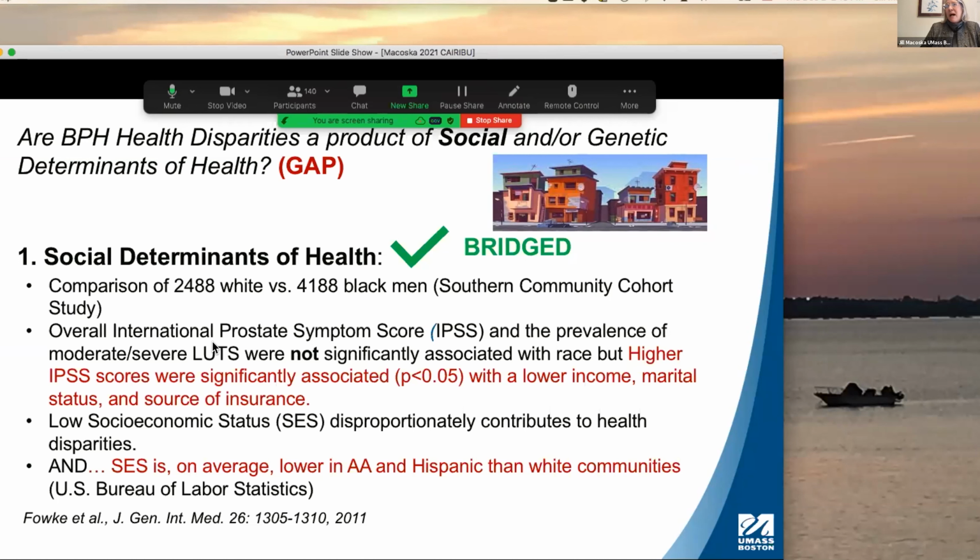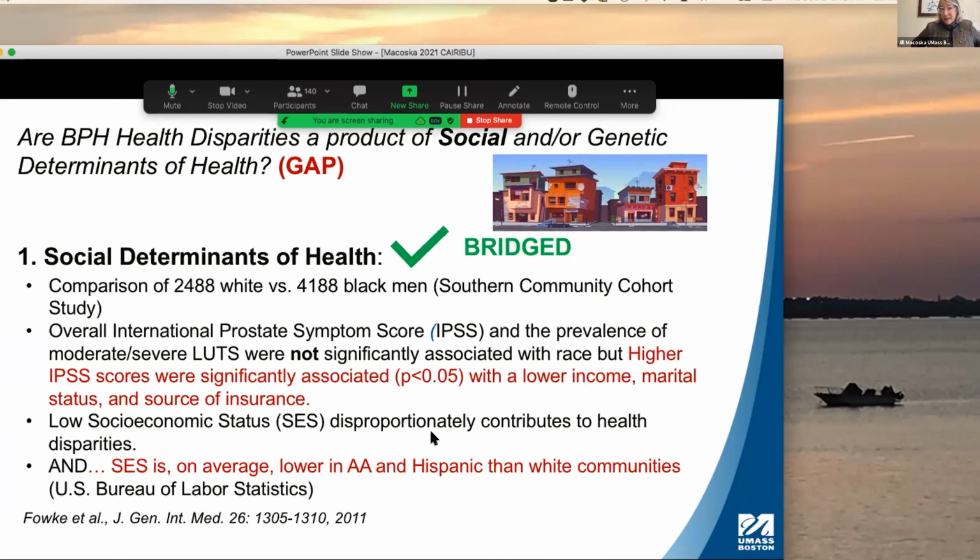And the prevalence of moderate to severe LUTS, they show that those were not significantly associated with race per se, but higher IPSS scores were significantly associated with lower income, marital status, and source of insurance. And some of these become encapsulated in what we would call socioeconomic status, or SES.